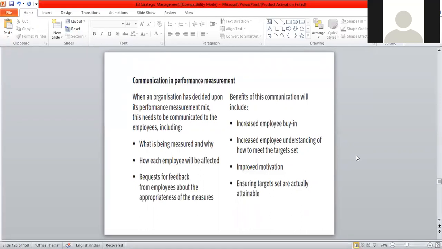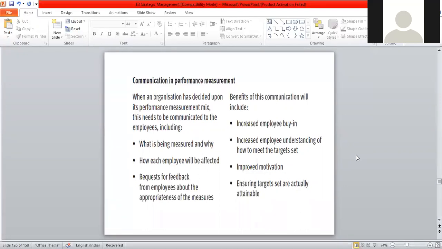Okay, increased employee buy-in. They also feel motivated to contribute, their opinion is considered, and after the feedback, their views are also taken into consideration, so they feel motivated to achieve the target.